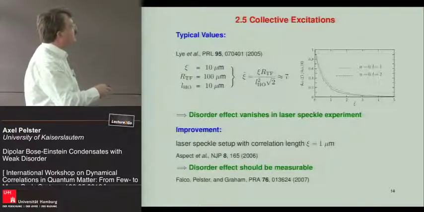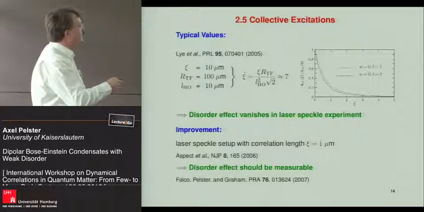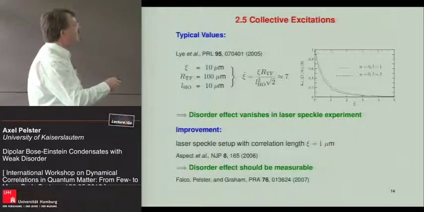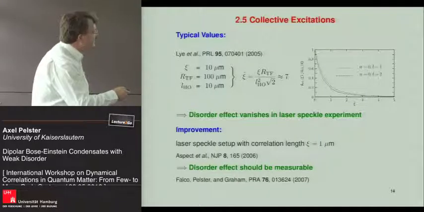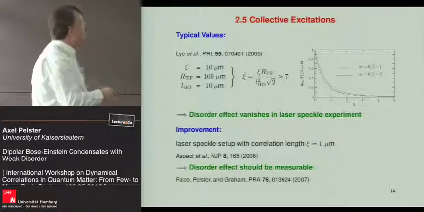If you look here for effects of the disorder on the collective excitation frequencies, you always get curves like this, where the disorder effect on the collective excitation frequencies decreases rapidly with a dimensionless correlation length.